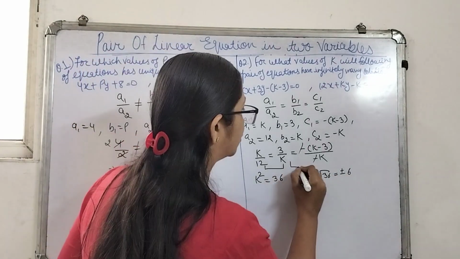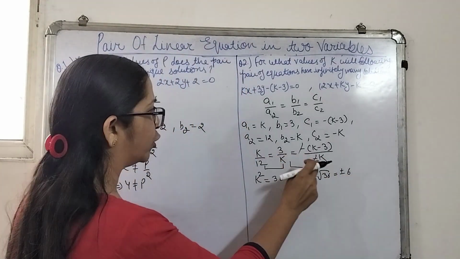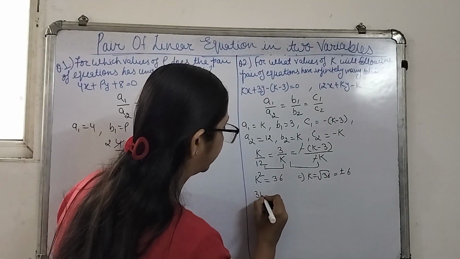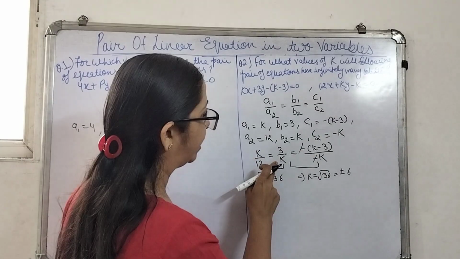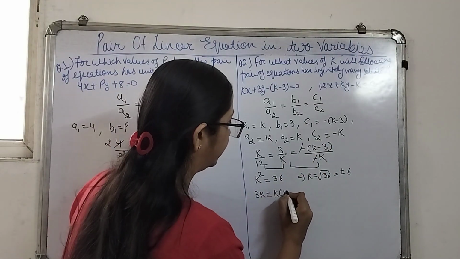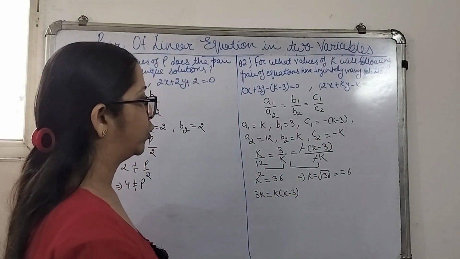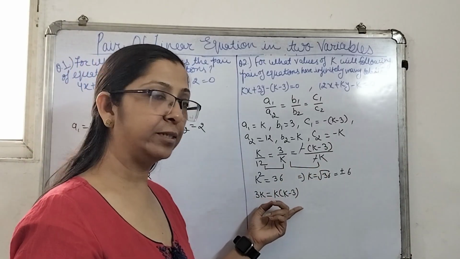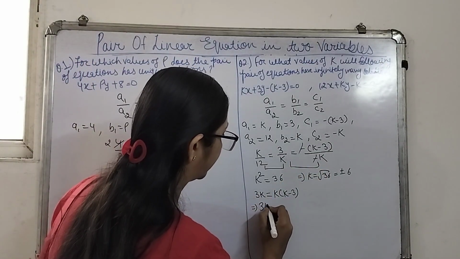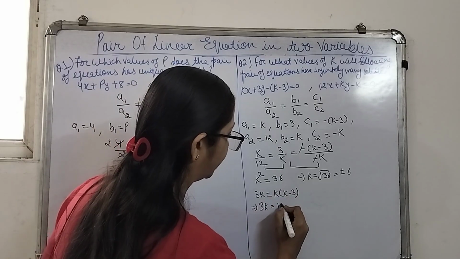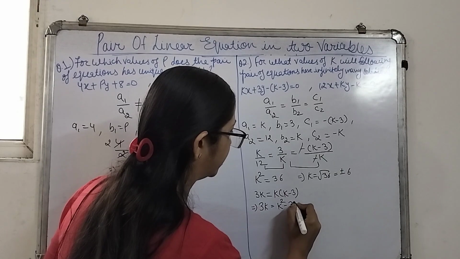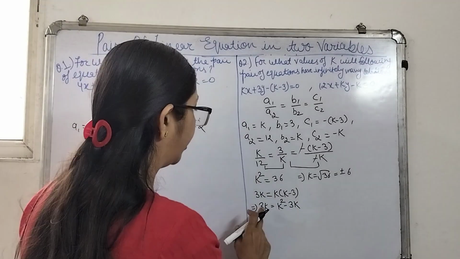Now we take these two conditions. If we multiply 3 by k, it becomes 3k equivalent to k multiplied by k minus 3. Solving further, 3k is equivalent to k square minus 3k.